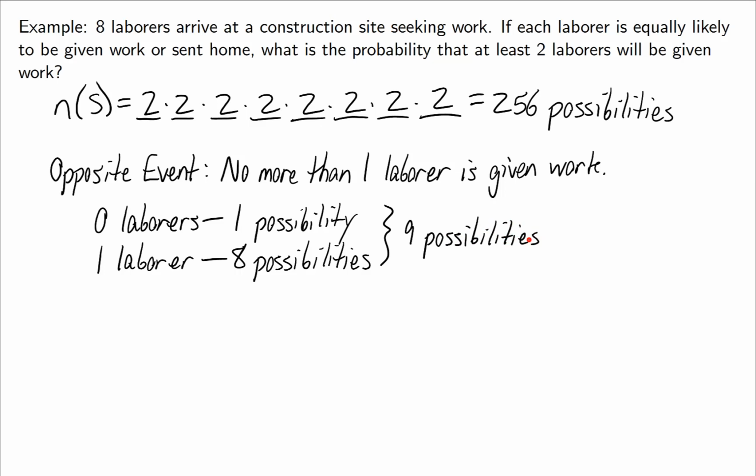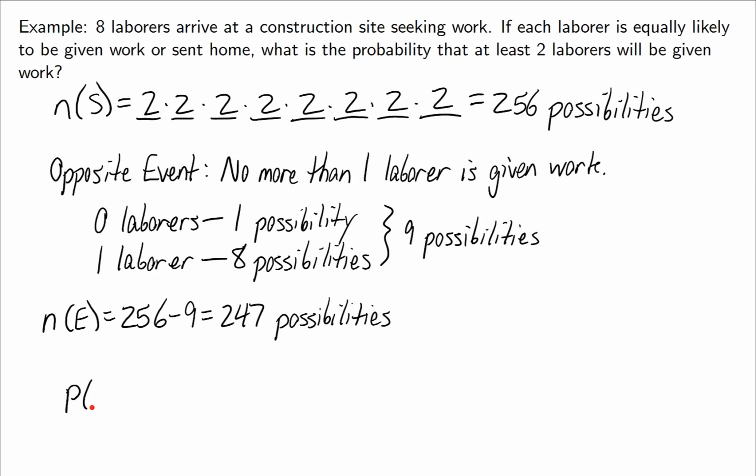So from there, we can finally calculate n of E. The event is at least 2 people are there. We found out that if the event doesn't occur, there are 9 possibilities, and there were 256 total. So if I do 256 minus 9, I get 247, and that is the number of possibilities when we're talking about at least 2.